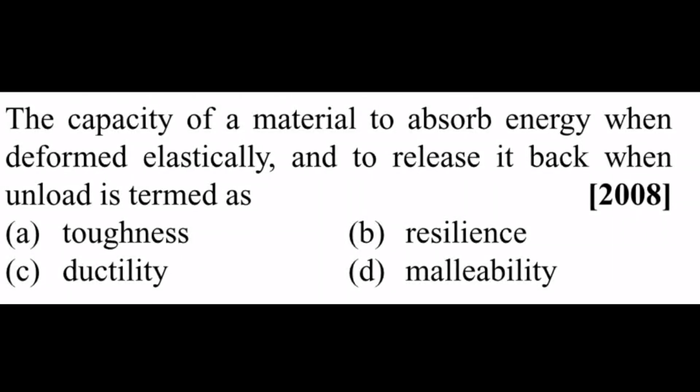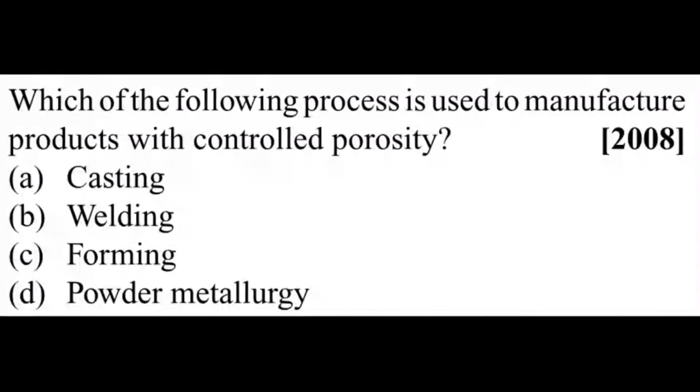The capacity of a material to absorb energy when deformed elastically, and to release it back when unloaded, is termed as resilience. Which of the following processes is used to manufacture products with controlled porosity?